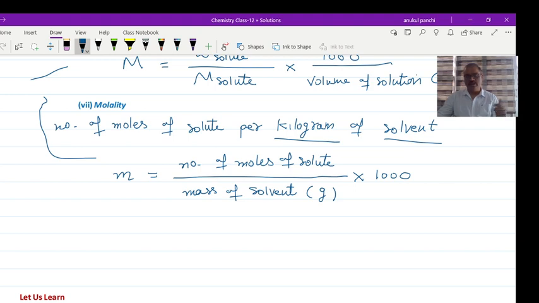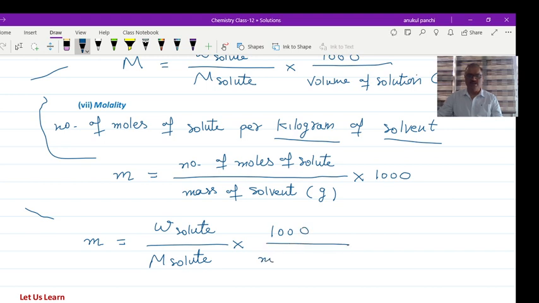And again, if number of moles is not given in numericals, and mass is given, then you know that given mass of solute divided by molecular mass of solute becomes the number of moles, into 1000 upon mass of solvent in gram.